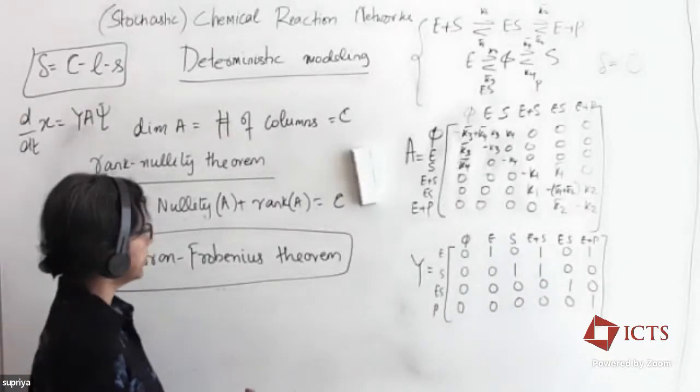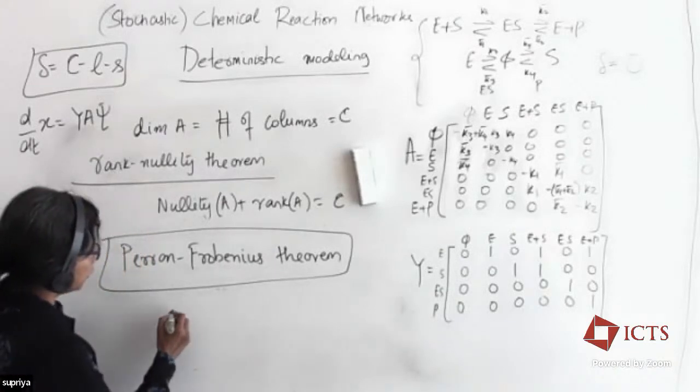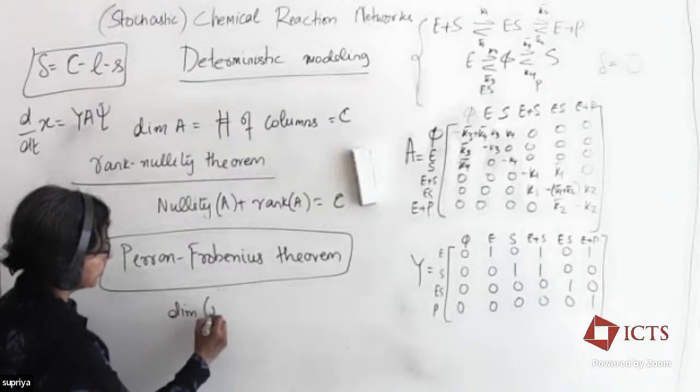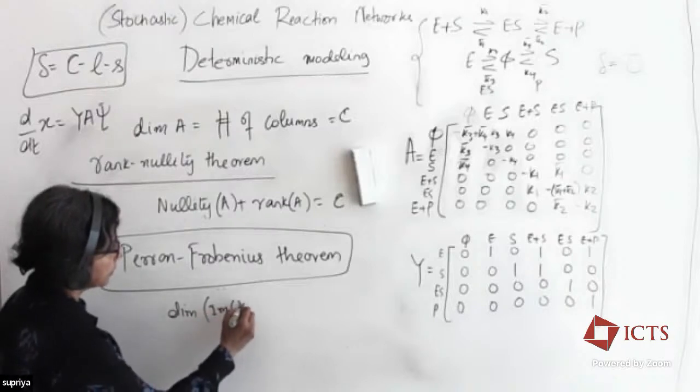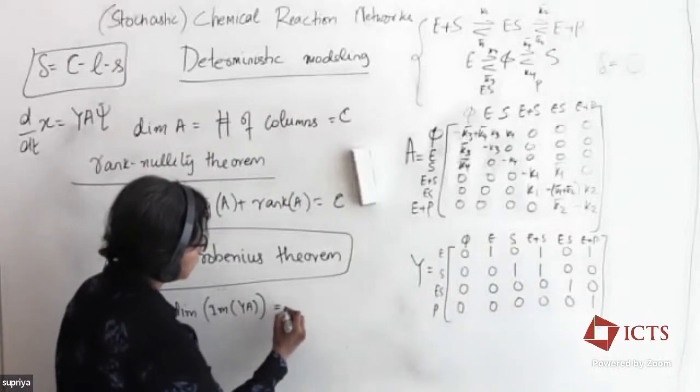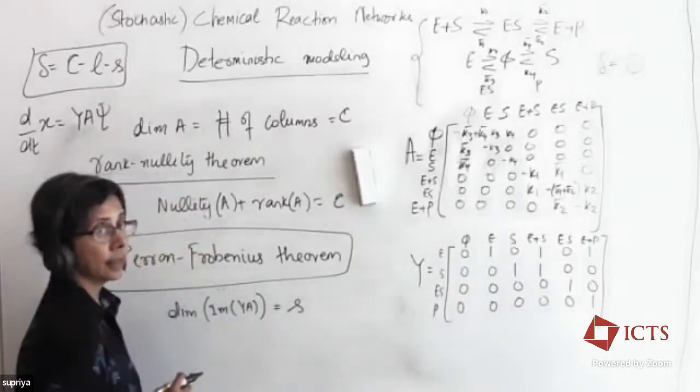So what I said was that the dimension of the image of YA, yes, is equal to the stoichiometric subspace.